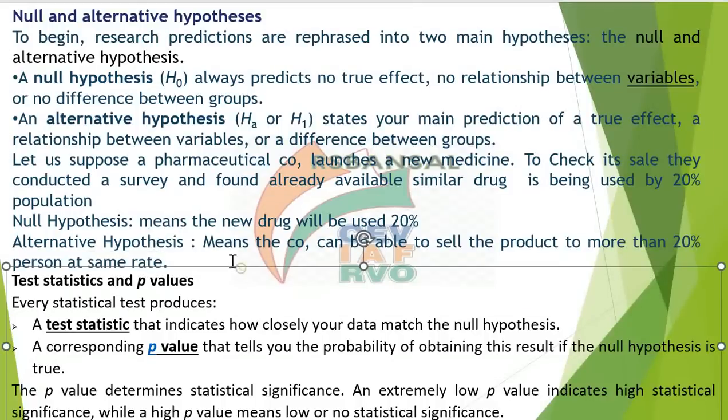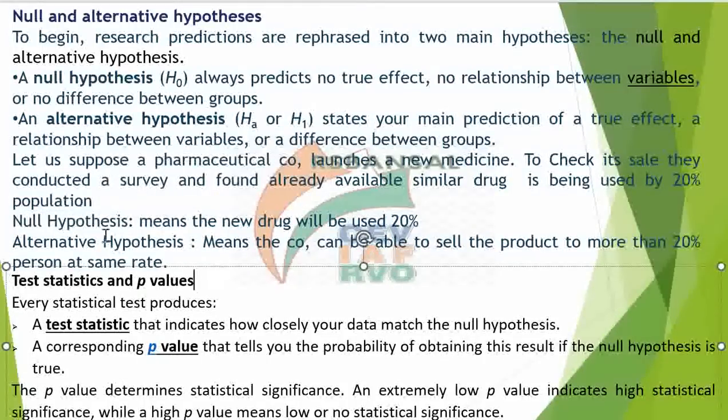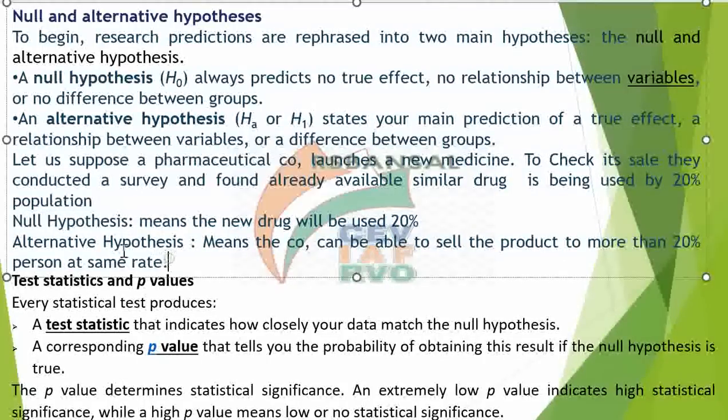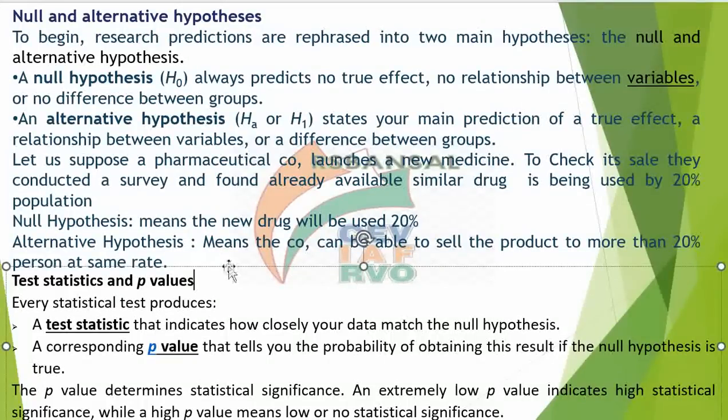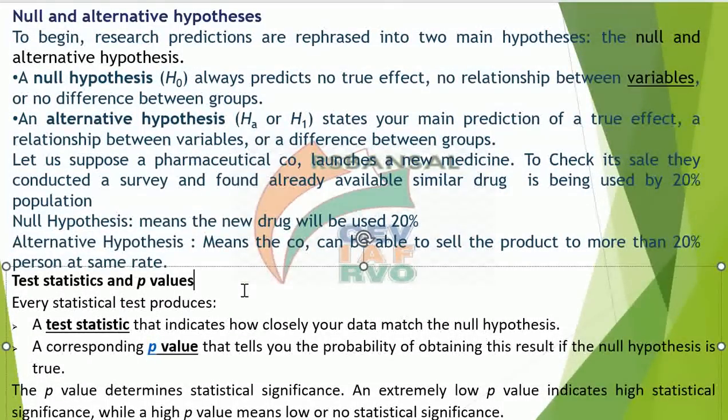So if they are able to achieve this 20% target, it comes under the null hypothesis, and if they are able to achieve more than that, then it means they have an alternative hypothesis.